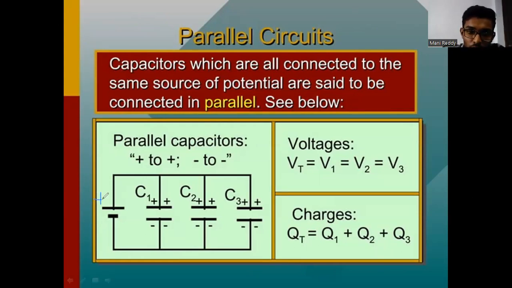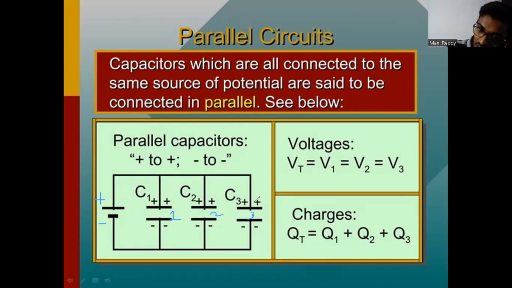This big plate is indicating the positive terminal, and this small, broad plate is indicating the negative plate. Here the capacitors are connected: first capacitor, second capacitor and third capacitor. The battery's positive is connected to the first capacitor's positive terminal, the second capacitor's positive terminal, and the third capacitor's positive terminal.